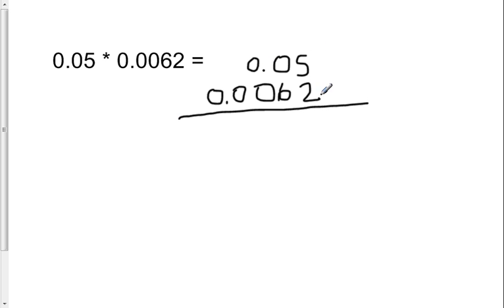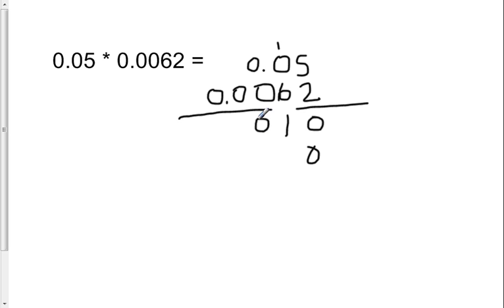So if I just look at these whole numbers, 2 times 5 is 10. 2 times 0 is 0, plus 1 is 1. Erase that. And I've got this placeholder. I could do this 2 times 0.